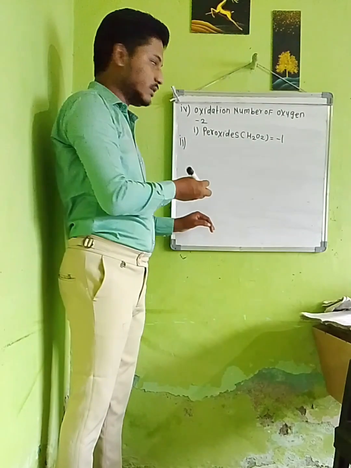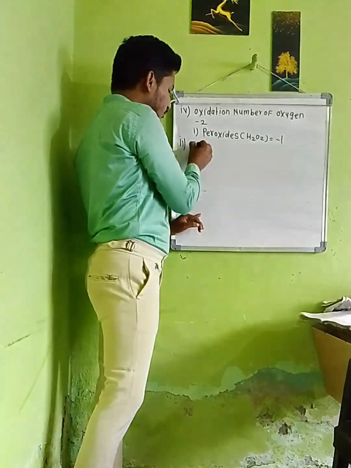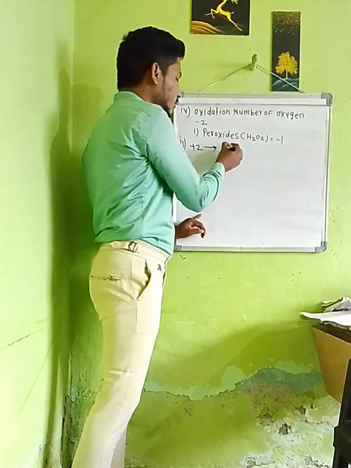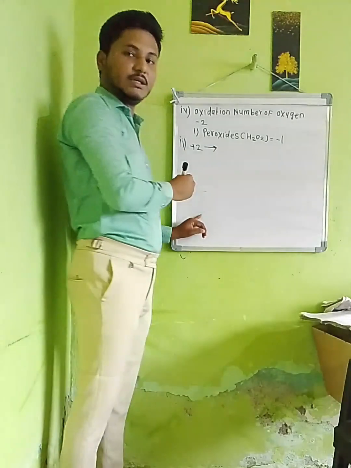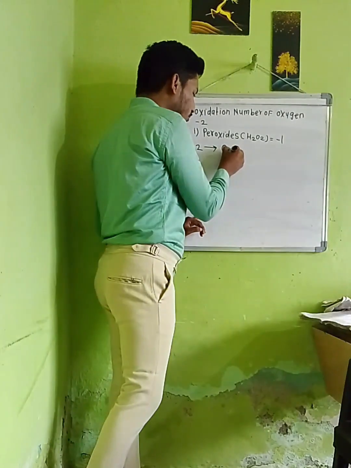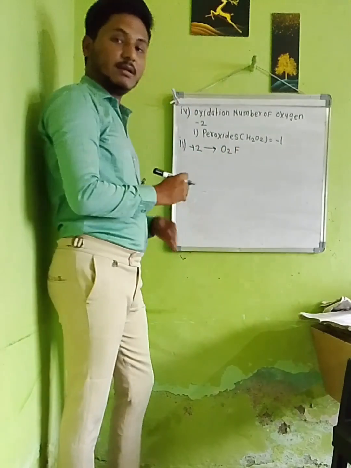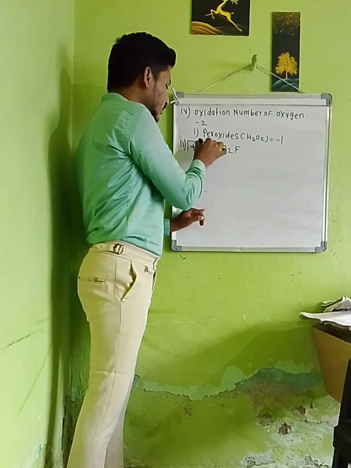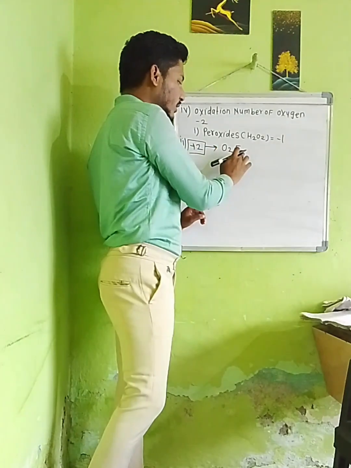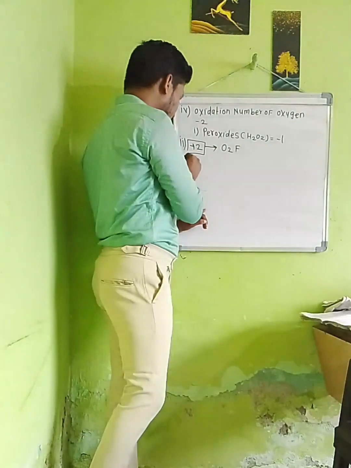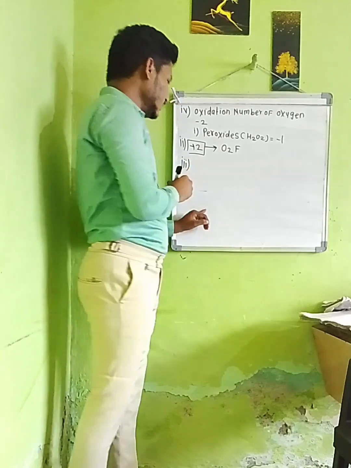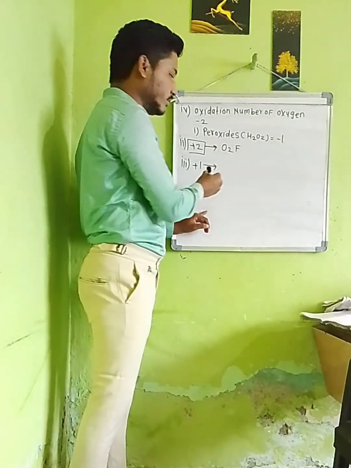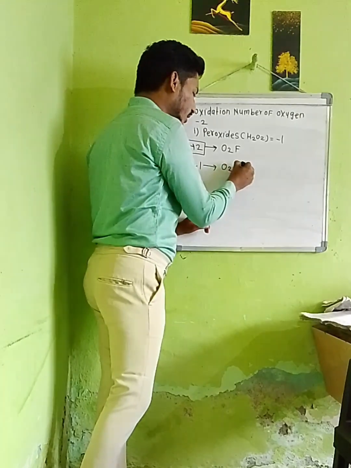Second, the oxidation number of oxygen is +2 when oxygen is bonded with a more electronegative atom, like in O2F. Third, the oxidation number of oxygen is +1 when oxygen is bonded as in O2F2.